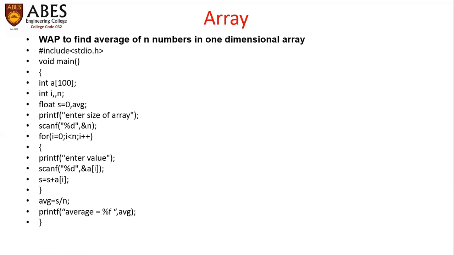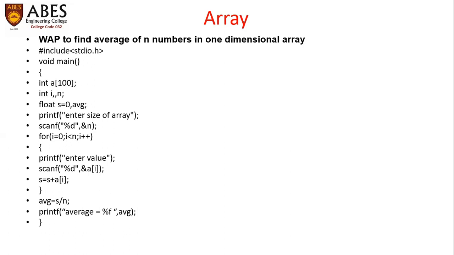If you write the size as n, which is not defined, it is invalid, because the size should be constant since it is compile-time memory. It allocates memory at compile time. For the size of the array, you can take the value n as input, how many elements you want to enter.